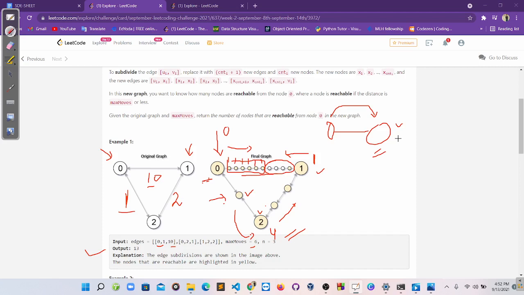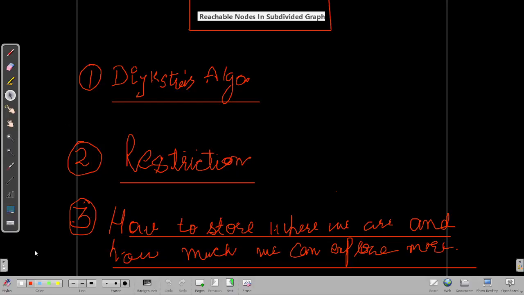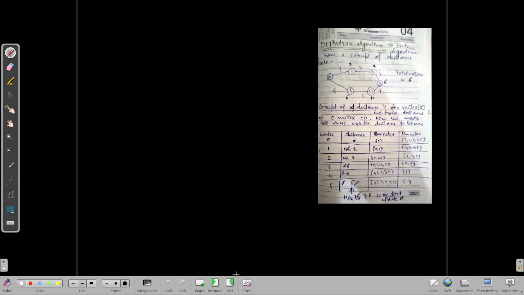And for that, a very popular graph algorithm, which is Dijkstra's algorithm, is used to implement it. So I want to explore Dijkstra's algorithm for you so that we can understand this problem very clearly.